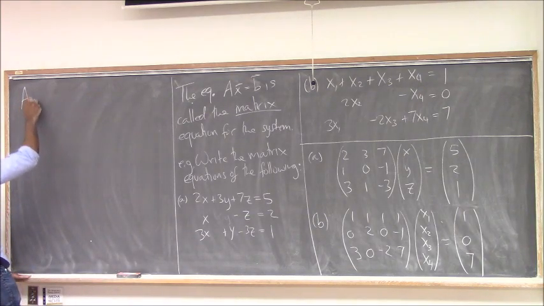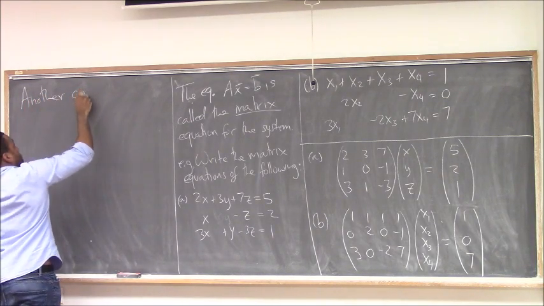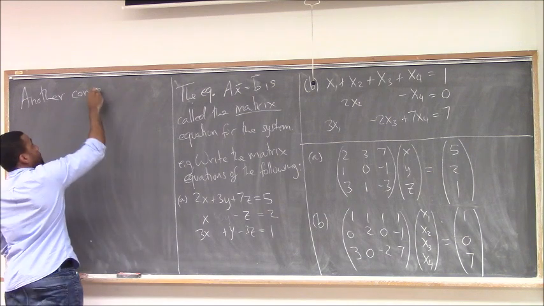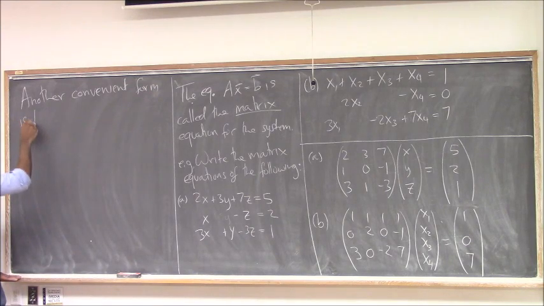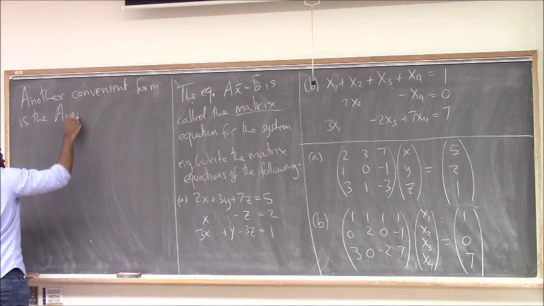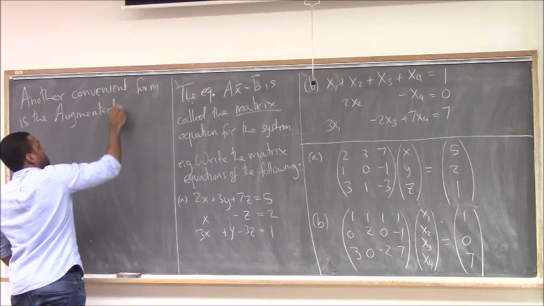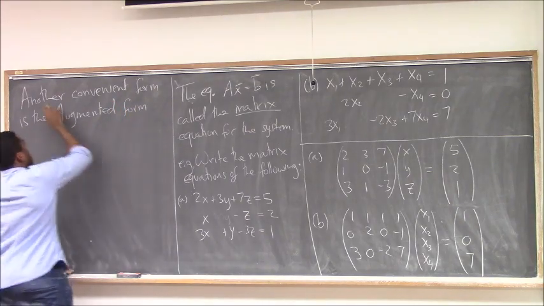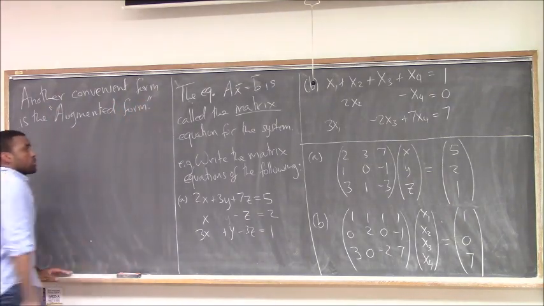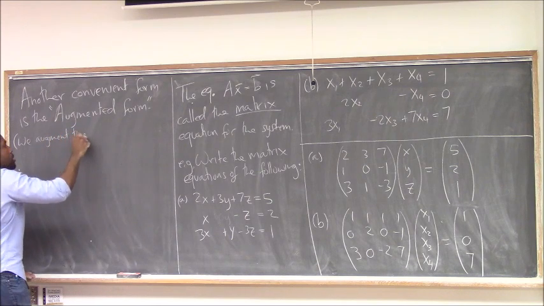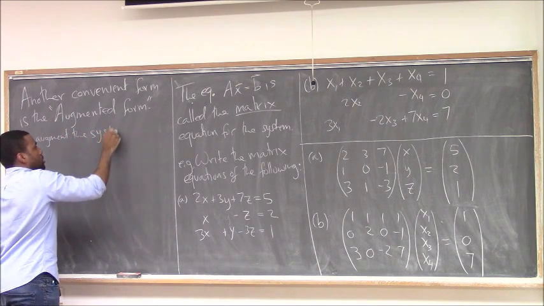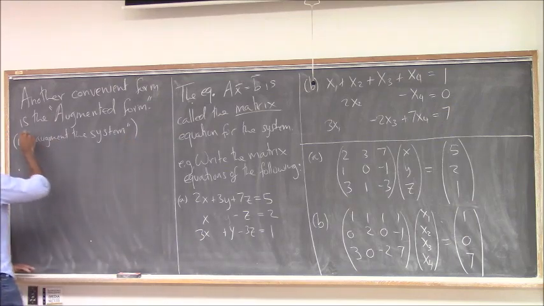Another convenient form is the so-called augmented form, where we augment the system, or write the system as an augmented matrix.